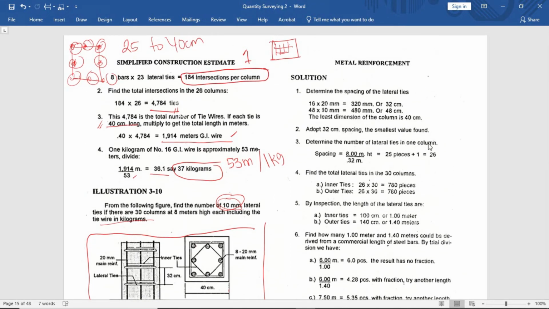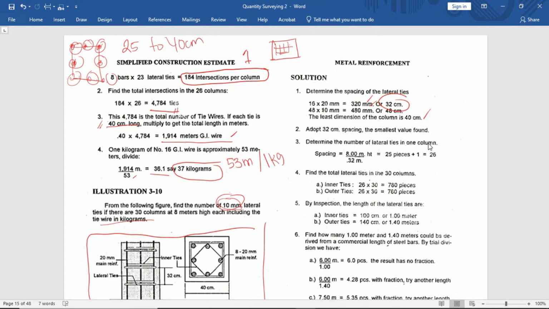So, first, hanapin muna natin yung spacing of the lateral ties. Main bar is 20, so 320, 320. Tapos 10. As least dimension is 40 centimeters. So, pipiliin lang natin sa tatlo, yung pinakamaliit nga, 32 centimeters.